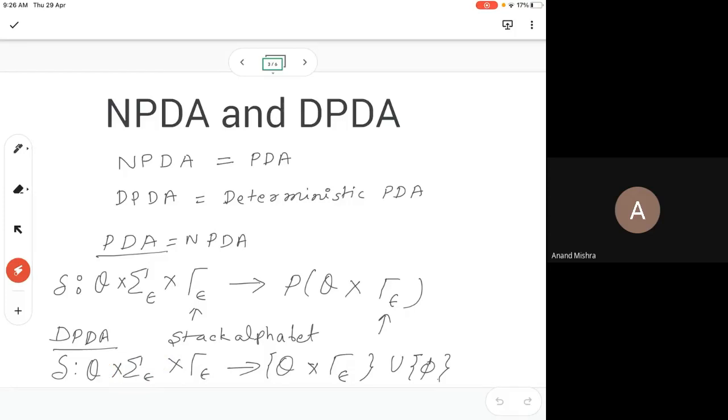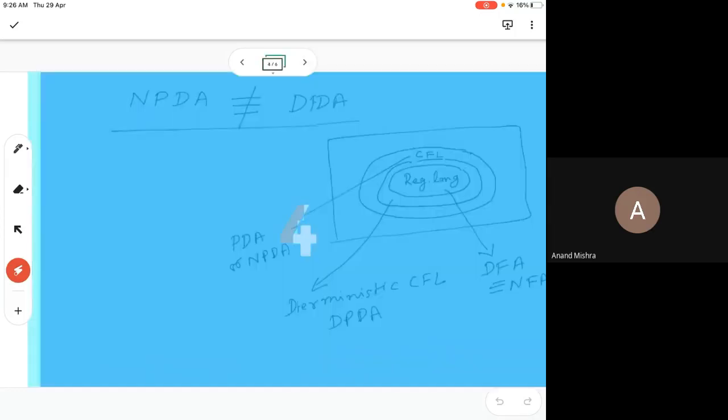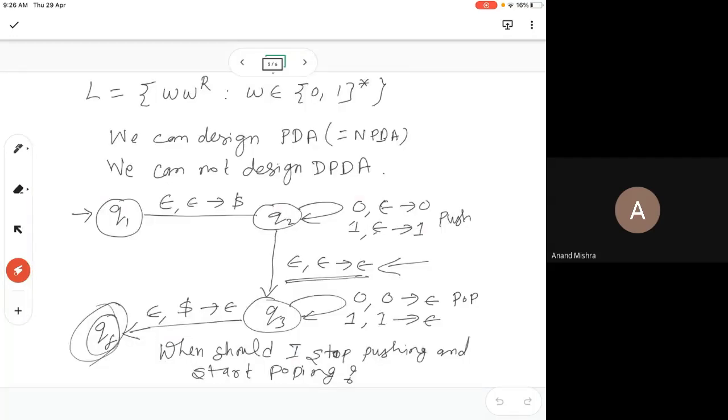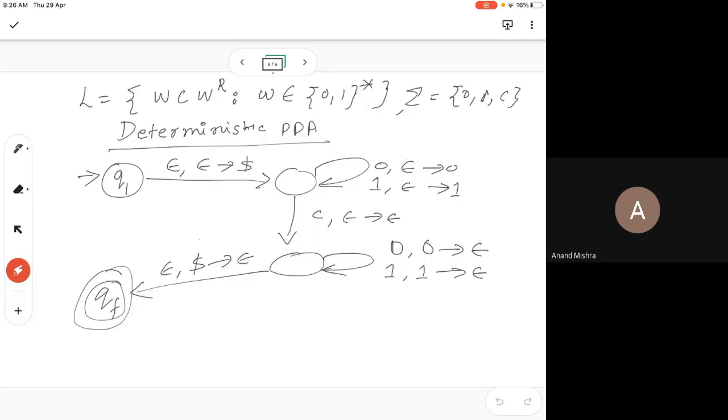The only thing is that it is deterministic in nature. It is not like two transitions are possible. So here also, in this example, without reading anything, you are pushing dollar. But this is a deterministic state, not a non-deterministic one.